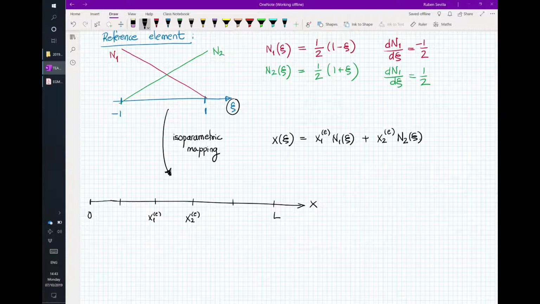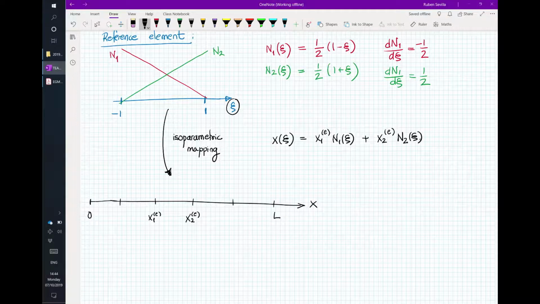I'm also introducing them all of a sudden in this change of variables. Actually, this is why it's called iso. Okay? Iso means the same. So I'm using the same shape functions to approximate the displacement and in the change of variables. Why this expression here? Does it make sense?